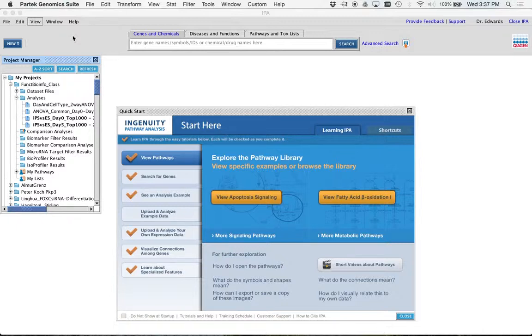IPA probably has the deepest, most well-curated database in the world. I've told you the legend that there's a bunch of postdocs chained to their computers on an island outside of Silicon Valley, and they're just going through the scientific literature trying to characterize all these correlations. The one thing that sets Ingenuity apart from some of the freeware solutions is that it's human curated.